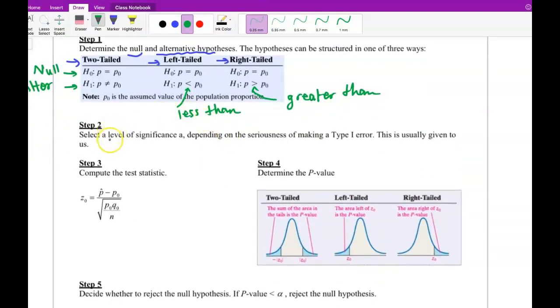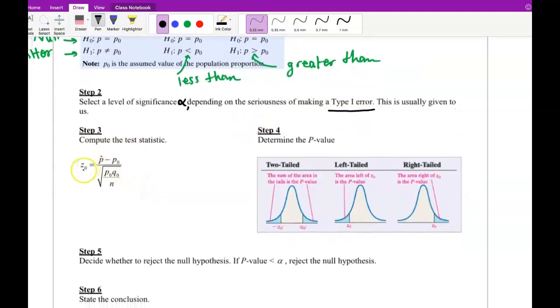Now step 2, we should select a level of significance, shown with alpha. So alpha depends on the seriousness of making a type 1 error. Then step 3, compute the test statistic.